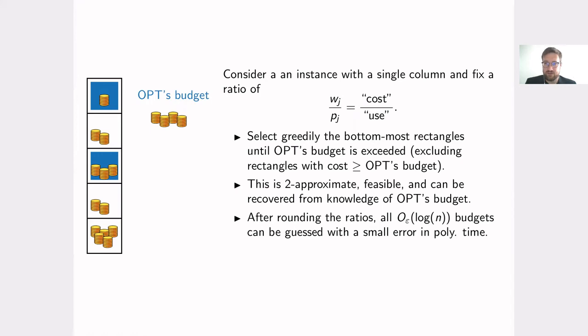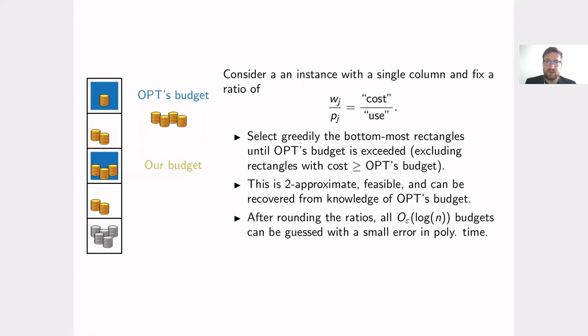We will now construct a very simple greedy solution that is also feasible if opt is feasible, and is only twice as expensive. For that, we will first throw away all squares that are more expensive than opt's total budget.